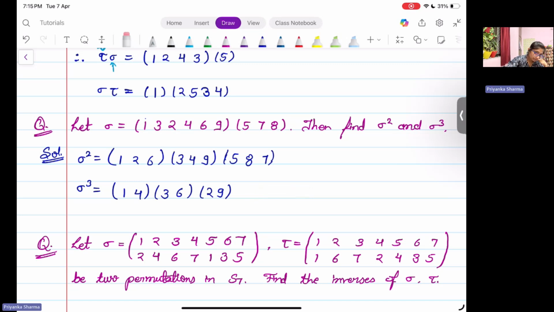I considered this one. We need to consider this, but still, 5 will be mapped onto 1, 2, and 3. That is 5. 7 will be mapped onto, we'll have to leave 8, we'll have to leave 5. So this will be 7 and 8. They can be seen. Okay. So this is sigma square and this is sigma cube.